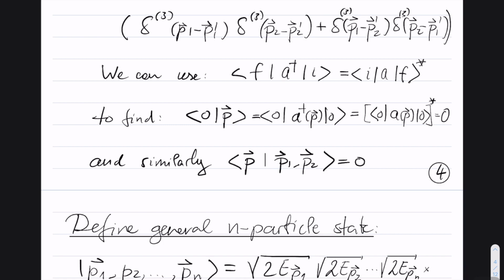And similarly, we could check that if we have three different vectors like p, p1, p2, the expectation value of them would be 0. In particular, because you have different numbers of particles in the states, the expectation value here would be always 0.